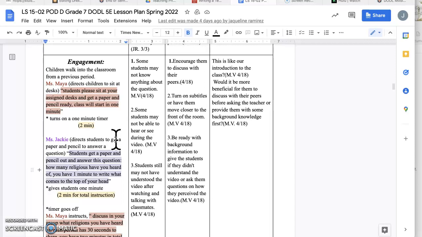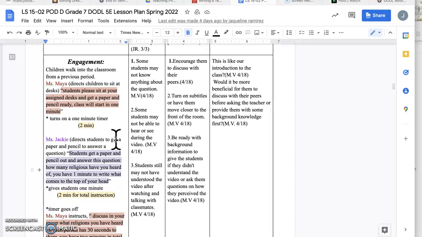I think engagement is one of the most important because it's like first impression. So you want to make sure that the information that you're presenting the students has a really good impression for them and is very impactful because you want to make sure that you retain the attention of your students because we're going to be working on this information throughout the week.